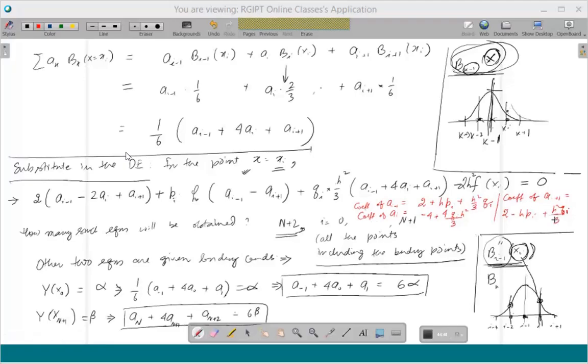And then there is an additional constant term which is not dependent on ai.